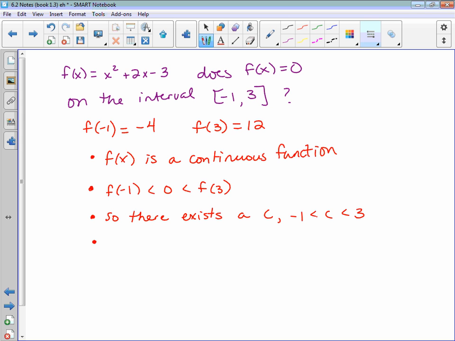That just means there's an X value in between -1 and 3 that we're looking for. Fourth bullet point, such that f of C equals 0. Fifth thing you have to say is by the IDT.